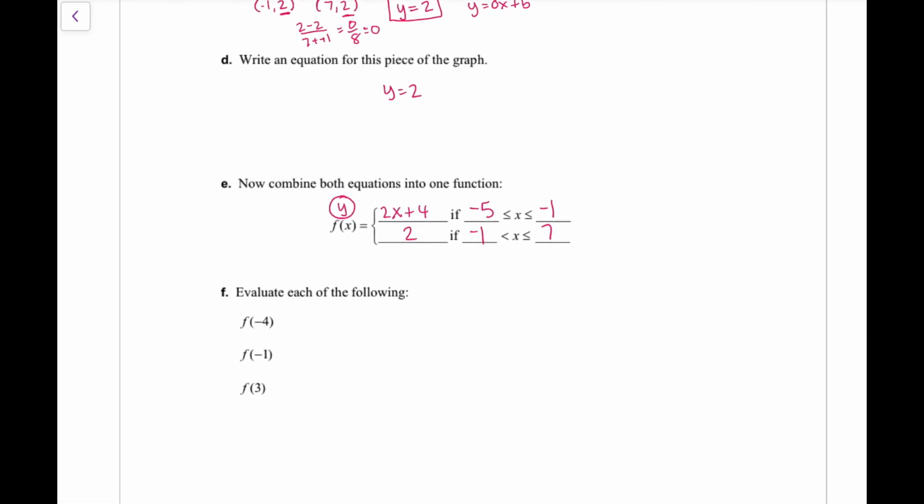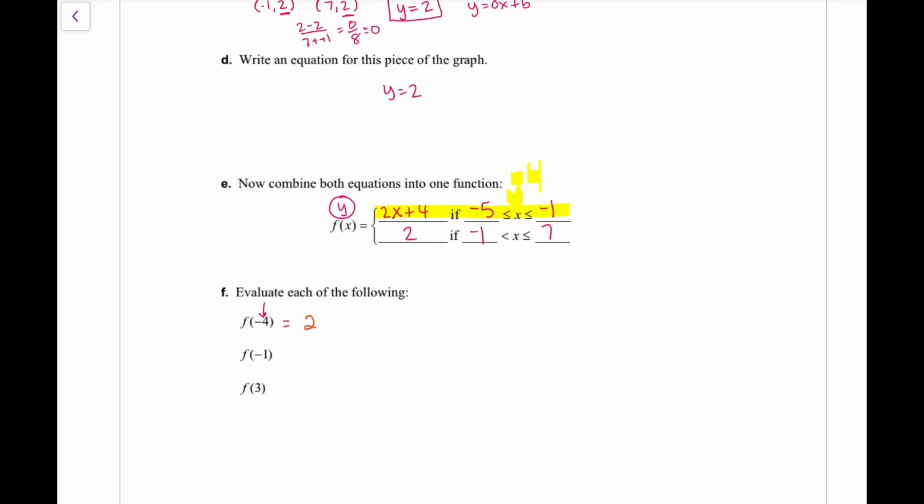Okay, so now we're going to evaluate the function. We're going to find when x is negative 4, what is y? We're going to take negative 4 and plug it into this equation here, because negative 4 is in between negative 5 and negative 1.